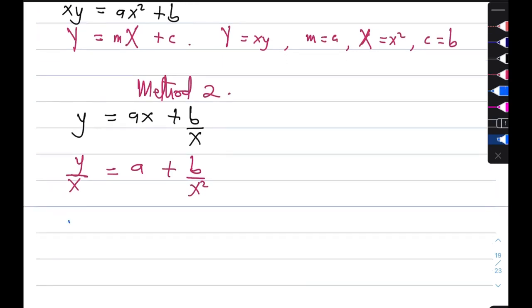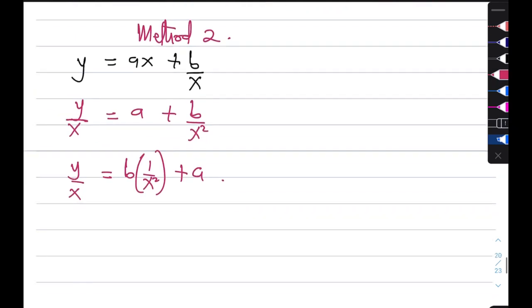Now, you can compare this to y is equal to... in fact, let me rewrite this well before I do the comparison. If I rewrite it, I have y over x equals b into bracket 1 over x squared, plus a. Okay, now let's compare this with y is equal to mX plus c.